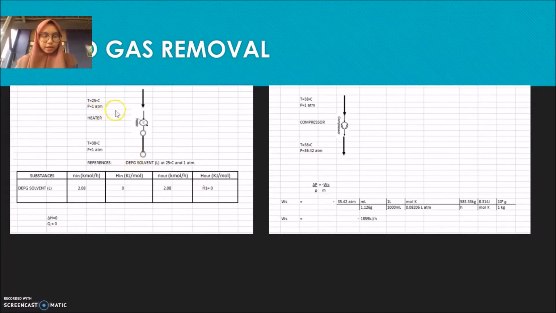Then for the H2S absorption unit, we use DEPG solvent.